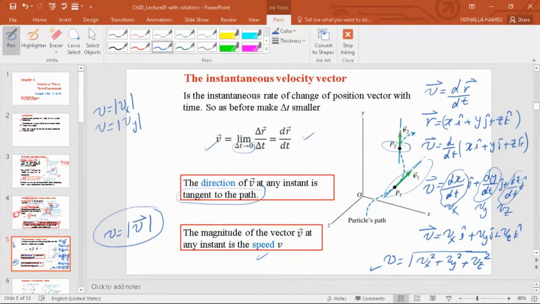So that's how we look at the average velocity vector, which is delta r over delta t, or the instantaneous velocity vector, which is dr by dt. Is this clear?